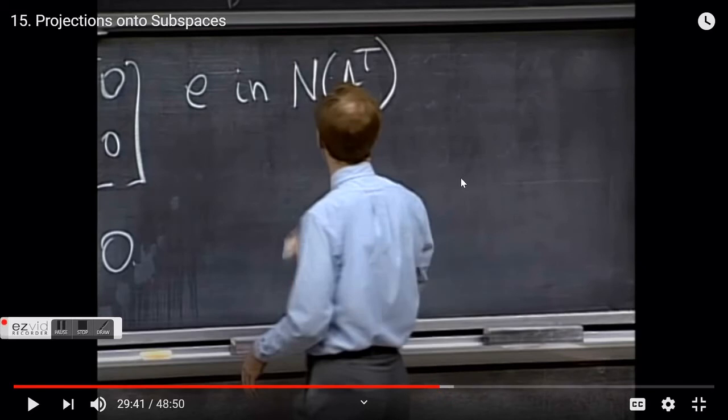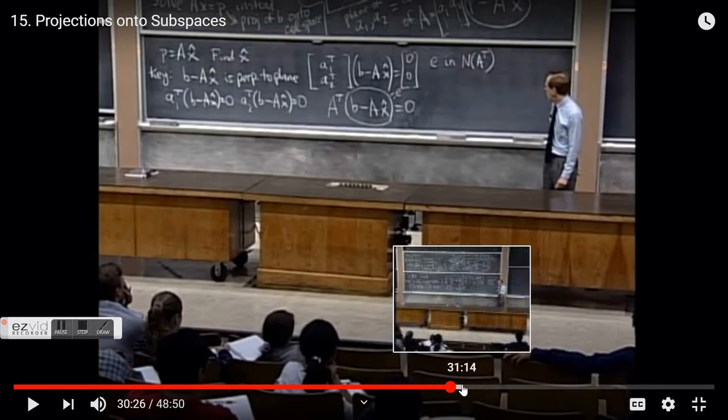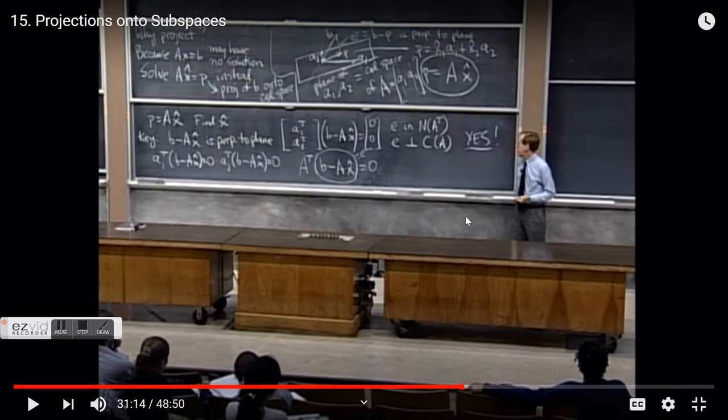So if something is not in the column space, it should be in the left null space. Since E is not in the column space, E is in the orthogonal complement of the column space, which is the null space of A transpose. So E is in the null space of A transpose, and E is perpendicular to the column space of A.